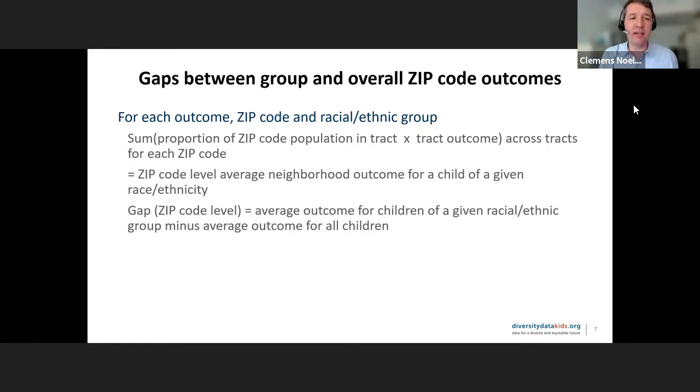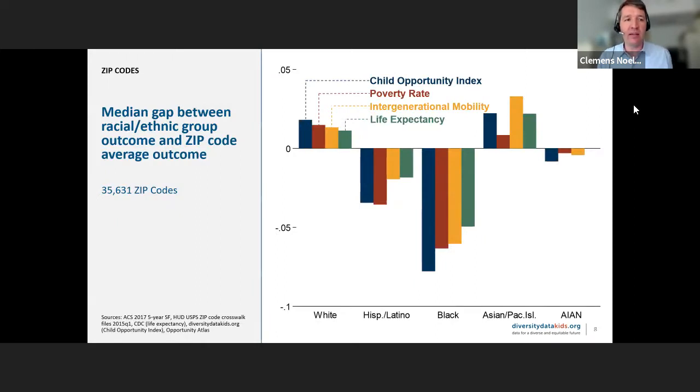And this gives us, at the zip code level, the average neighborhood characteristics for a child of a given race ethnicity in that zip code. And then we calculate a gap at the zip code level between the average outcome for children of a given group minus the outcome for children overall, or just the average zip code level outcome. And here are the median gaps across all zip codes for 4 different outcomes and 5 different racial ethnic groups.